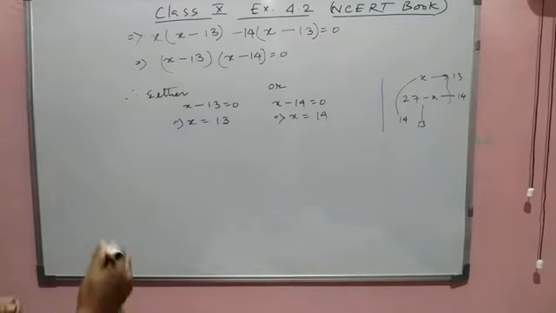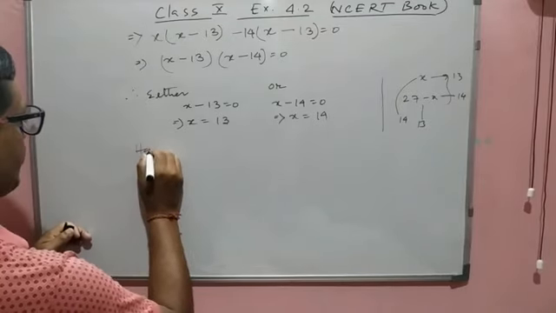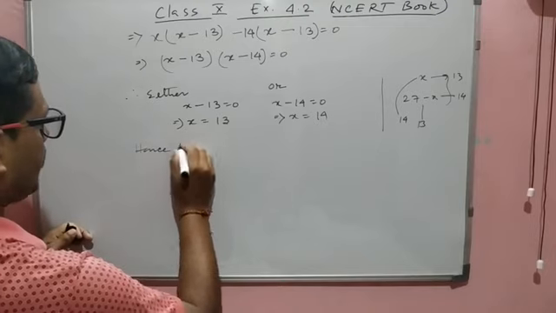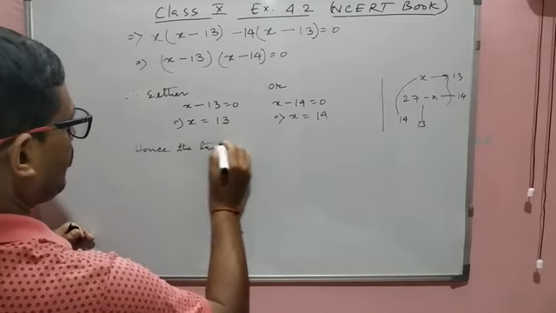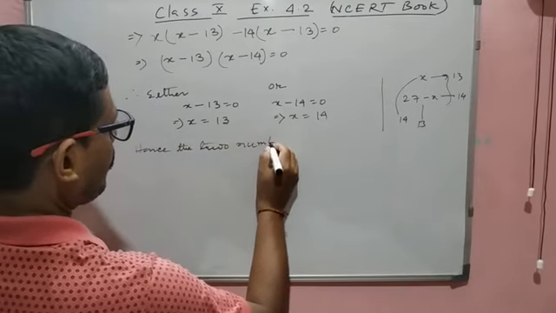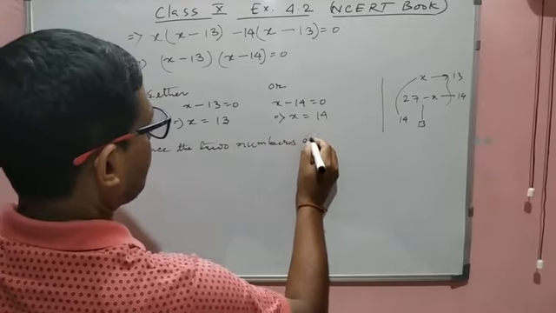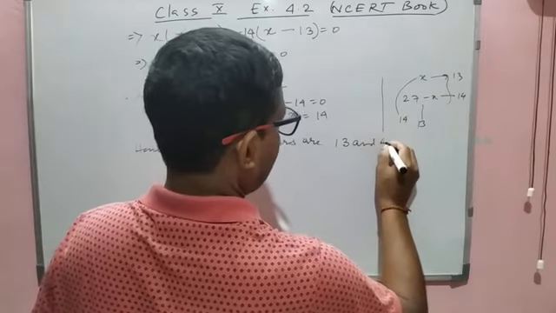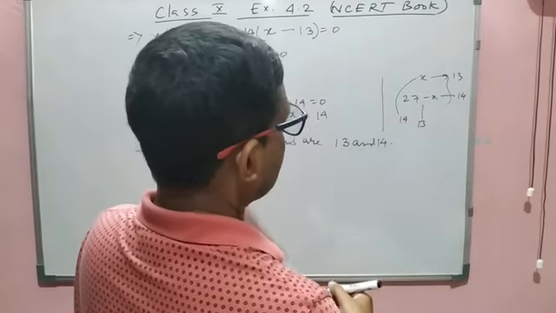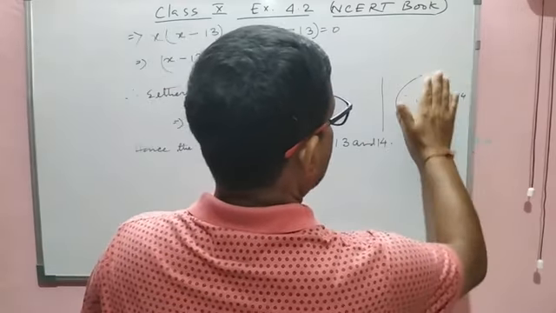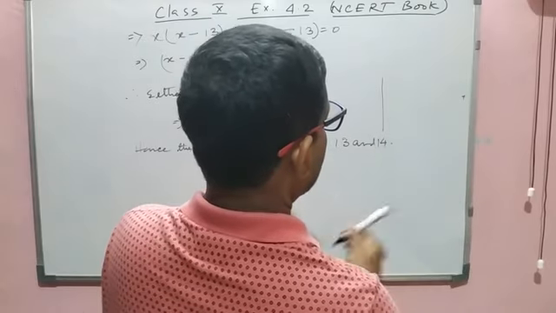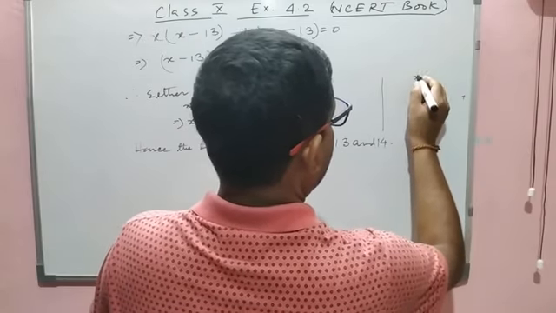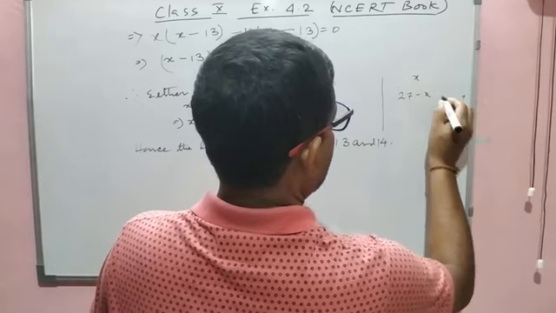Hence the two numbers are 13 and 14. Again, we have chosen the numbers as x and 27 minus x.